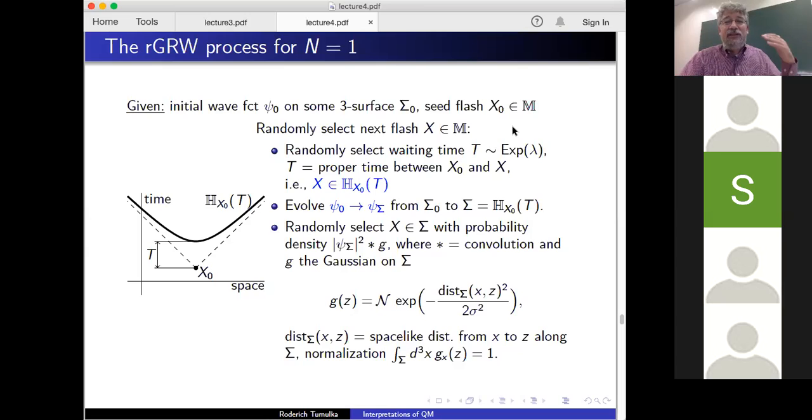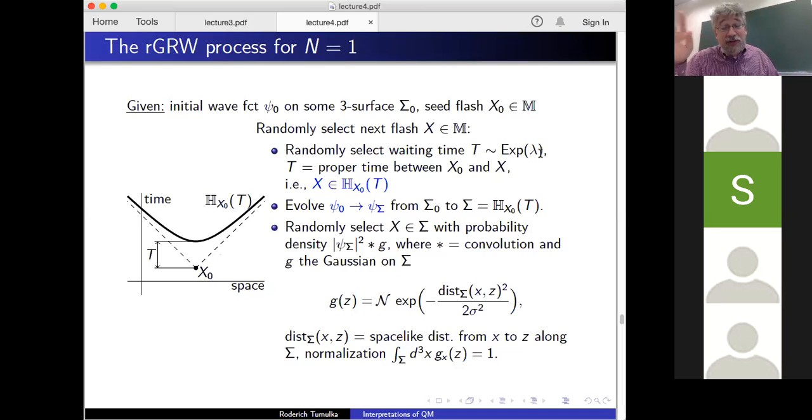Now I will randomly select the next flash in space-time. Here's how. Let's say this point is my x0. Then I will specify a probability distribution in the future of x0. So just inside the future light cone, so the dashed lines here, that's the future light cone. The probability distribution is concentrated in the future light cone. I randomly select a waiting time with exponential distribution.